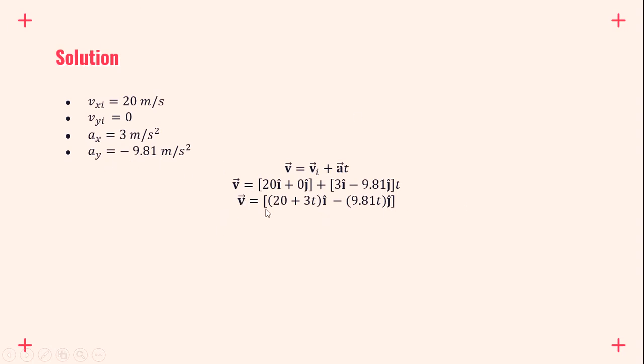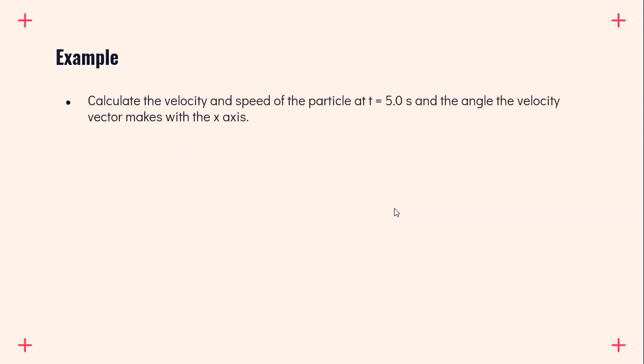So combining like terms, we have (20 plus 3t)i minus 9.81tj. Please take note that when dealing with vectors, you combine the terms that have i, then the terms that have j. That's the only way that you should separate the two combined terms. Okay, so separate the i's and j's. So there we have it.